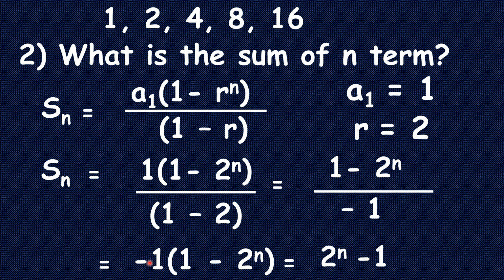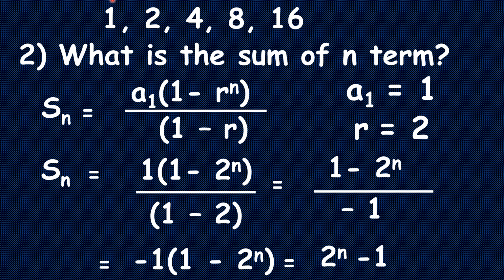Minus times minus is plus, so 2 raised by n is now positive. So we have succeeded in finding the sum of n terms for this particular expression.